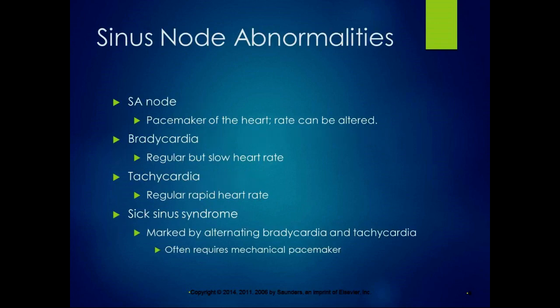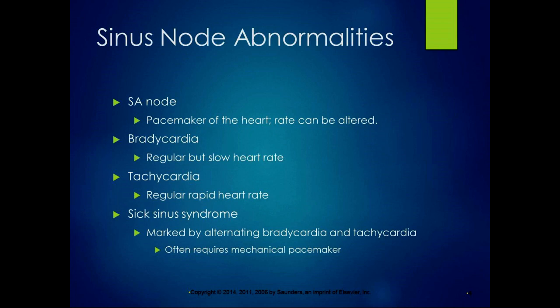So the most common type of abnormalities is what we're going to talk about: sinus node abnormalities. As we discussed earlier, the sinoatrial node is the pacemaker of the heart. So if the sinoatrial node isn't working, then you need that mechanical pacemaker to do it.